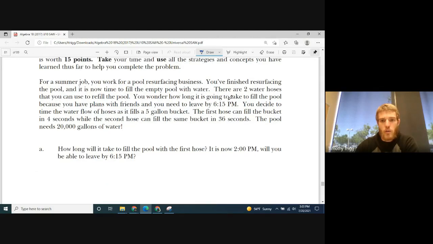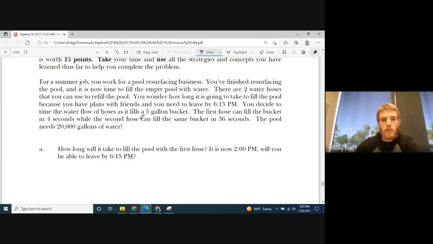You wonder how long it is going to take to fill the pool because you have plans with friends and you need to leave by 6:15 p.m. You decide to time the water flow of the hoses as it fills a 5-gallon bucket. The first hose can fill the bucket in 4 seconds, while the second hose can fill the same bucket in 36 seconds. The pool needs 20,000 gallons of water.